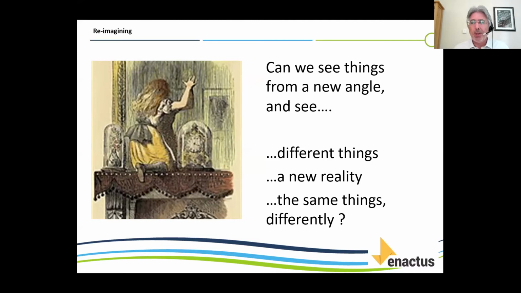We talk about this as reimagining. Can you see things from a new angle and see different things, a new reality, and perhaps the same things, but looking at them differently?